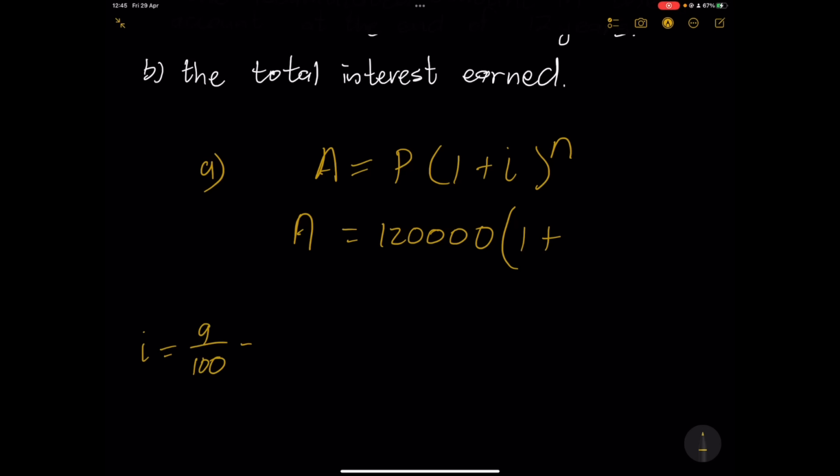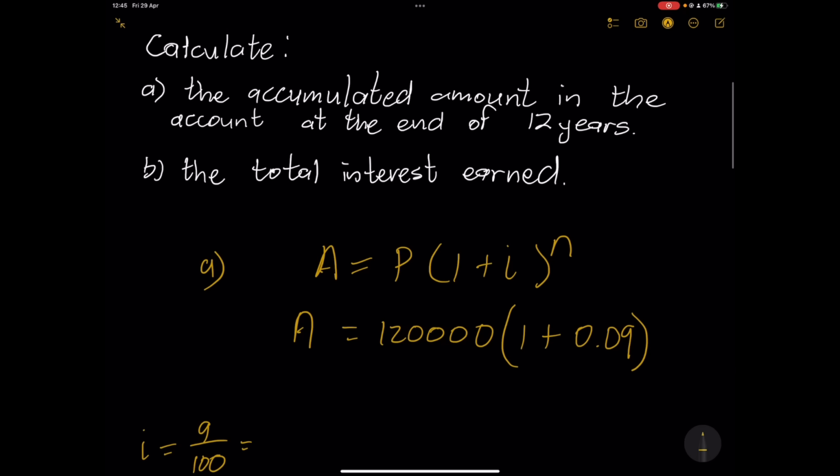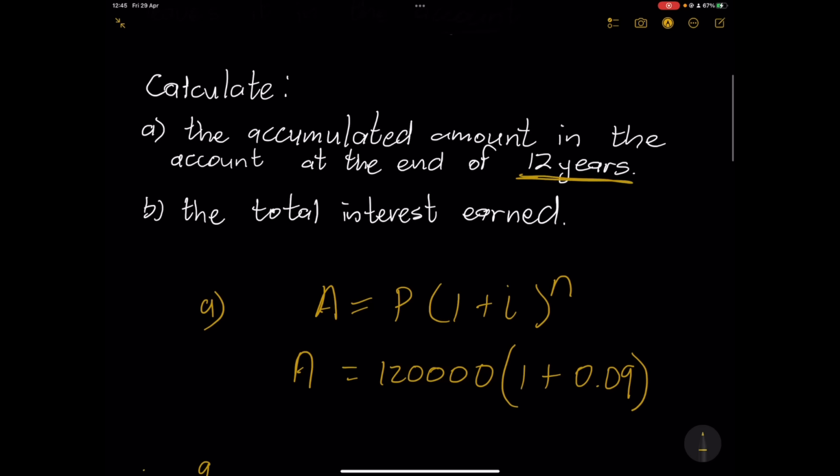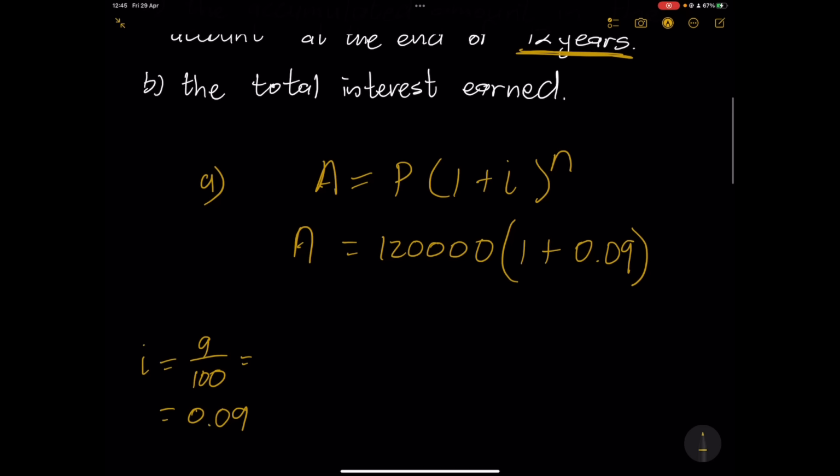Percent means just division by 100, so that would be 0.09. So we know that our i is 0.09, to the power n. So in this case, n would be the number of years. They wanted this in 12 years, so this will be to the power of 12.